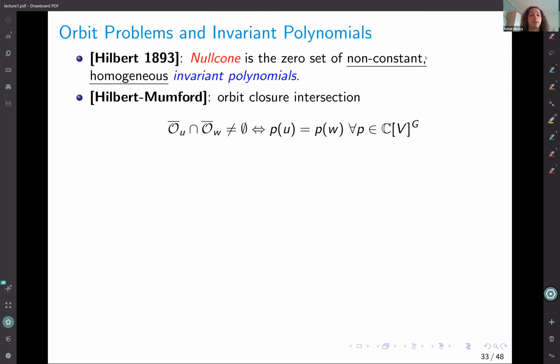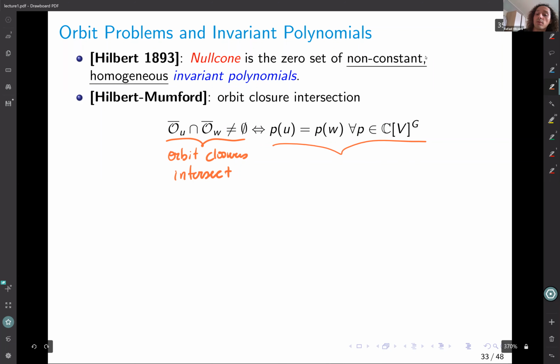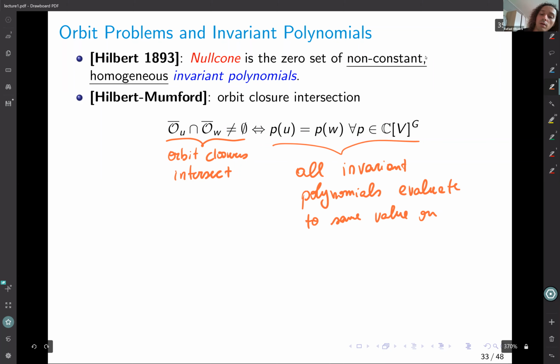What Mumford proved is that two orbit closures intersect, which is on this left side, if and only if all the invariant polynomials evaluate to the same value on U and W. Which means that for any invariant polynomial, if you evaluate on U and W, you must get the same value.